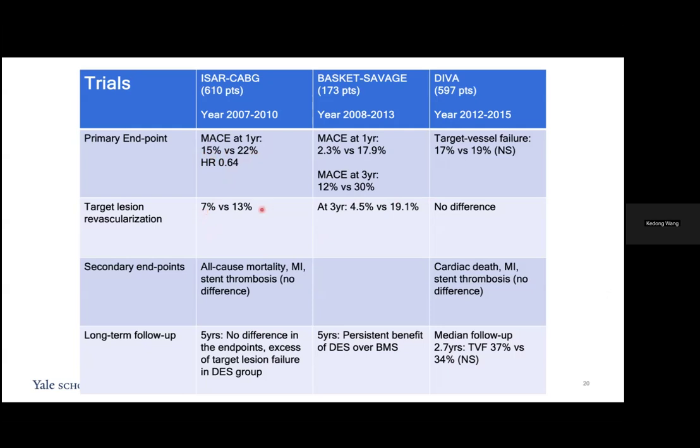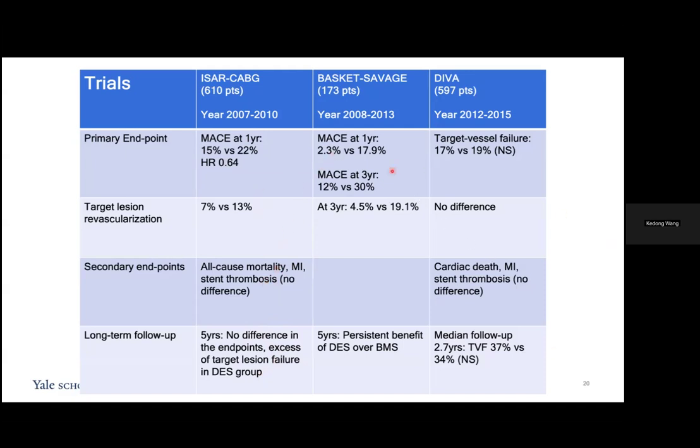Importantly, there was no statistically significant difference in all-cause mortality, MI, or stent thrombosis. And importantly, at long-term follow-up into 5 years, there was actually no difference in the endpoint. And in fact, there could have been a signal for excess target lesion failure in the drug-eluting stent. Bear in mind, this is first-generation drug-eluting stent.